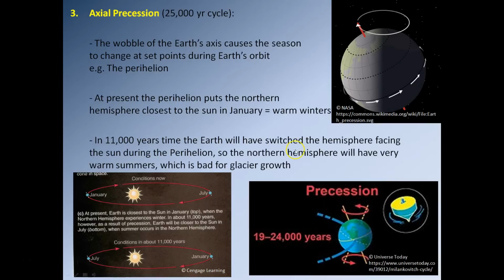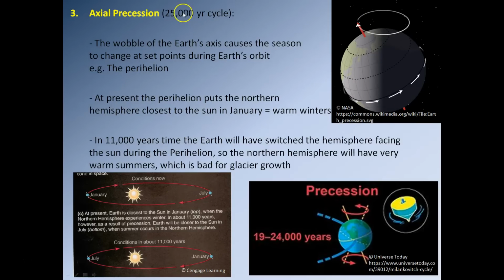Now, what this means is over time, the tilt of the Earth will change. So, for instance, if we look at this diagram here, we can see that at this point, the North Pole is tilted closest to the sun if the sun's over here, and the South Pole is tilted away from the sun. So that would mean in the Northern Hemisphere, this would be summer, and in the Southern Hemisphere, this would be winter.